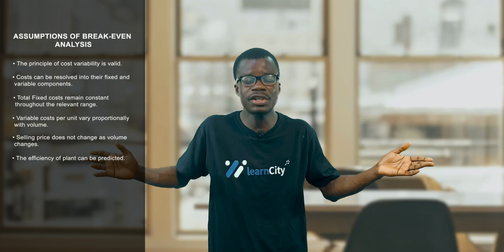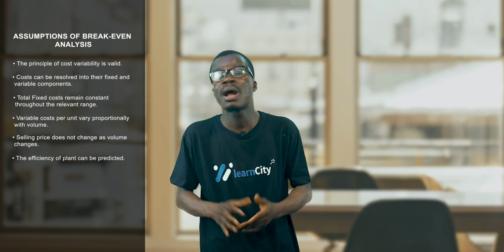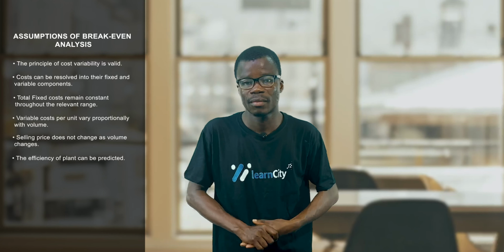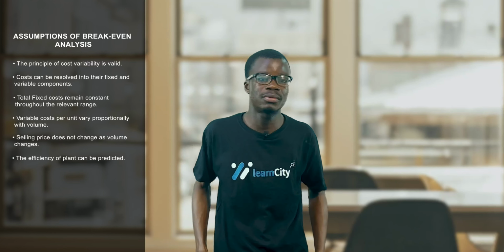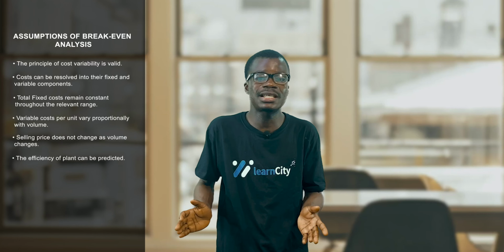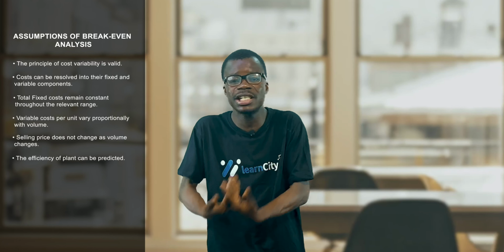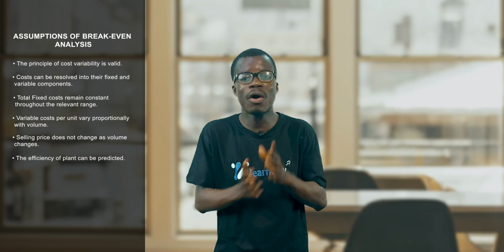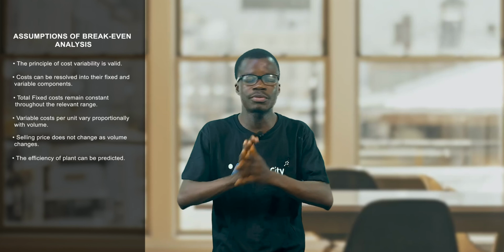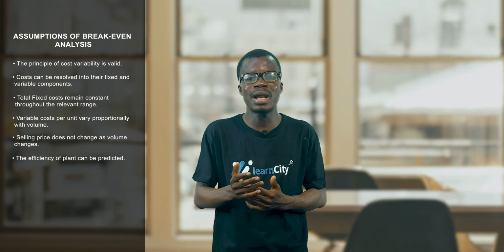Number one, efficiency of plants or stable working condition might not always be predictable, or the working condition might not always be stable, because there are exigencies, contingencies, unplanned events, emergencies, machine breakdown time, and idle time. All these are not captured in the assumptions of CVPA. So it's actually criticizable, and there are some other criticisms that have been made against these assumptions. In our next class, we'll be looking at computations involving CVPA.